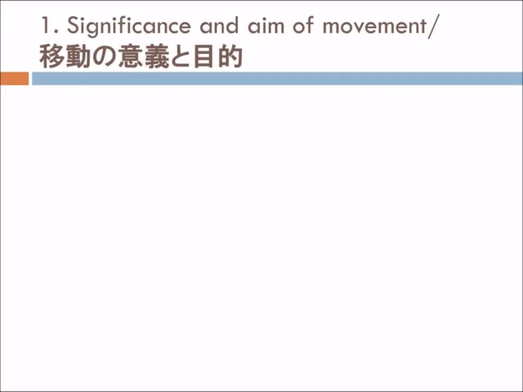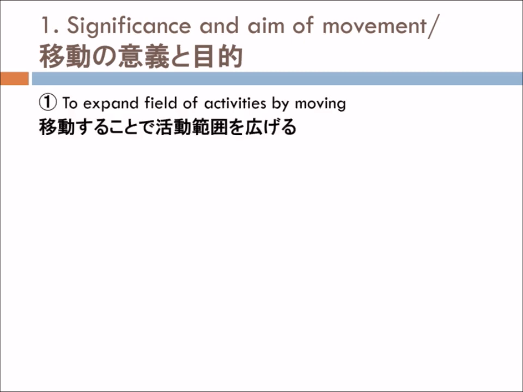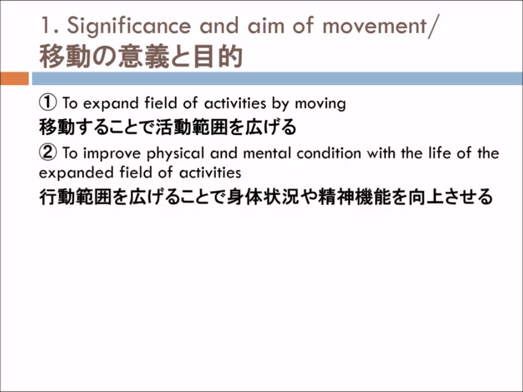1. Significance and Aim of Movement. There are 2 points. To expand the field of activities by moving. To improve physical and mental condition with the life of the expanded field of activities. The field of activities of a person is broadened by moving around.